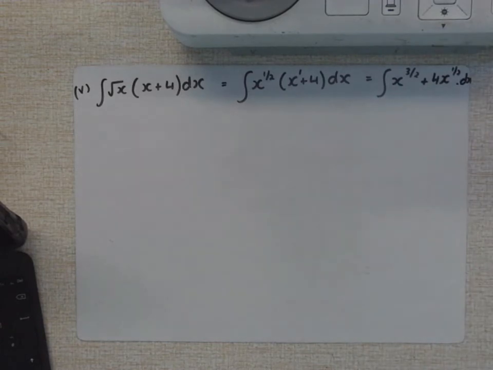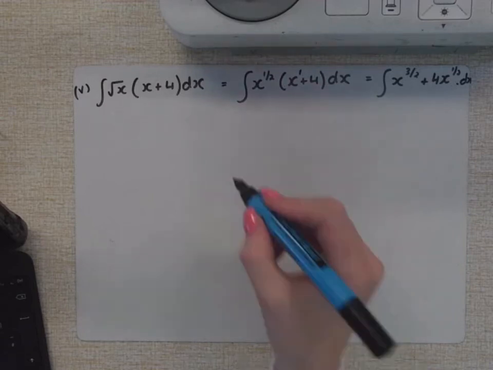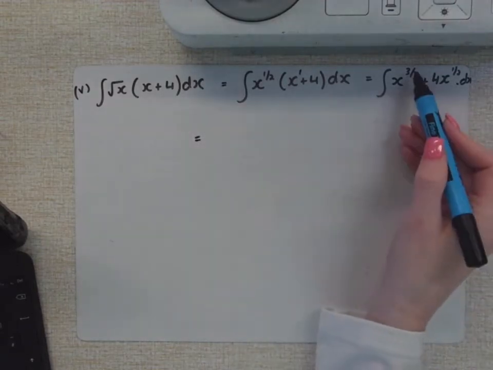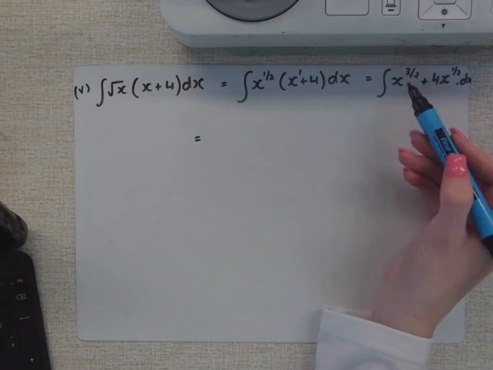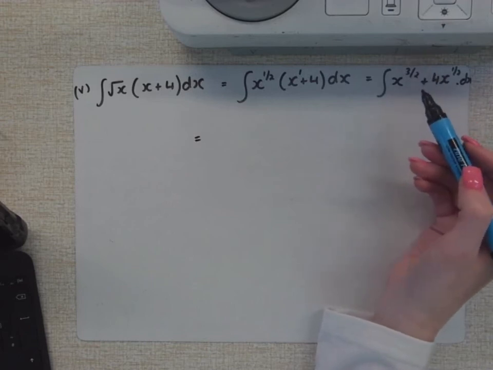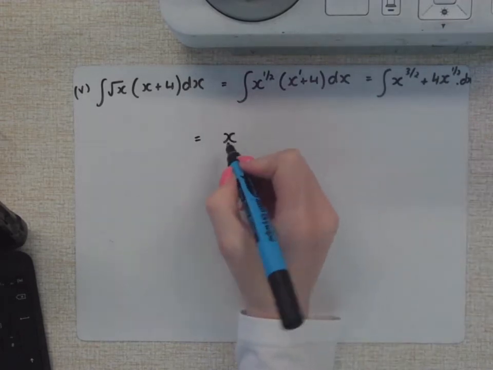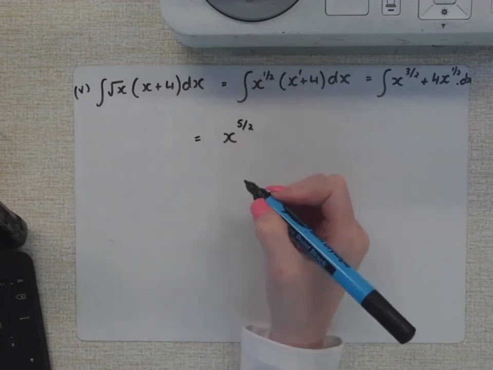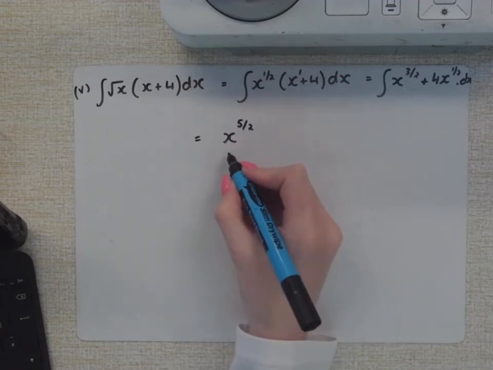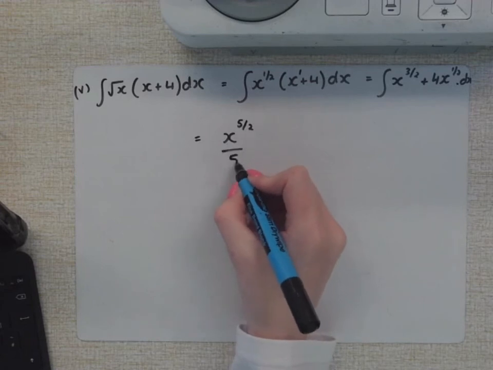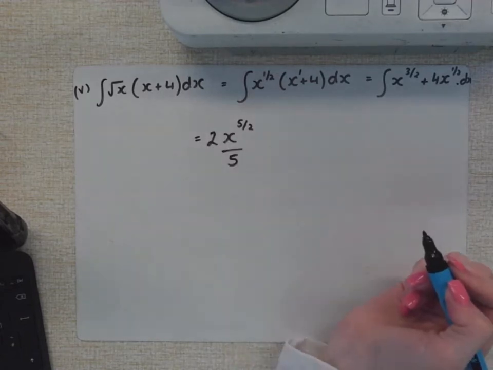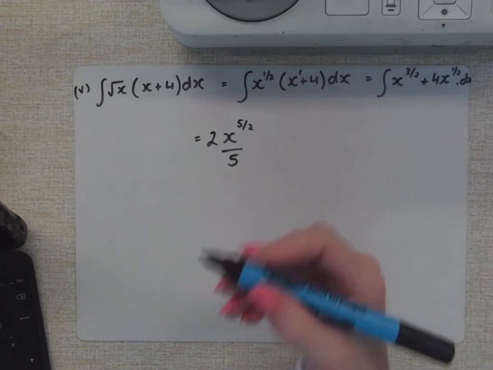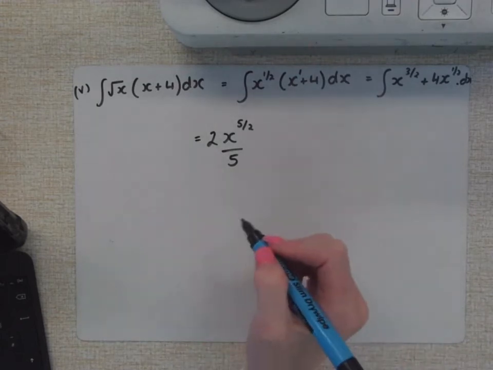Now, I have to integrate that. So x to the power of 3 over 2, increase the power by 1. x to the power of 5 over 2, yeah. Divided by 5, multiplied by 2. Okay, you can do that in the next step if you want. You're dividing it by 5 over 2.